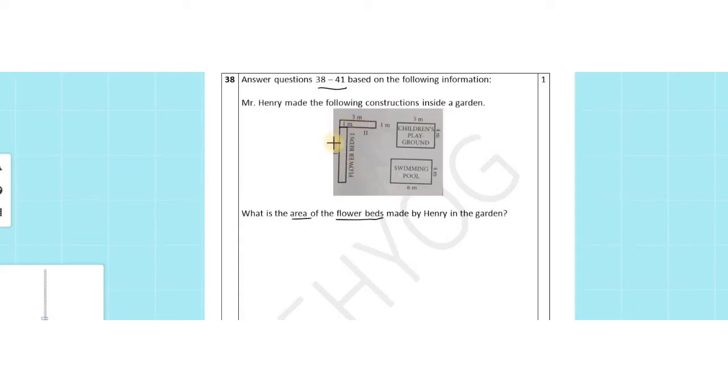It has a width of 1 meter and the length is 1 meter shorter than 10 meters for the vertical flower bed. So, length is 10 minus 1, 9 meters, and the width is 1 meter, which is visible in the figure.